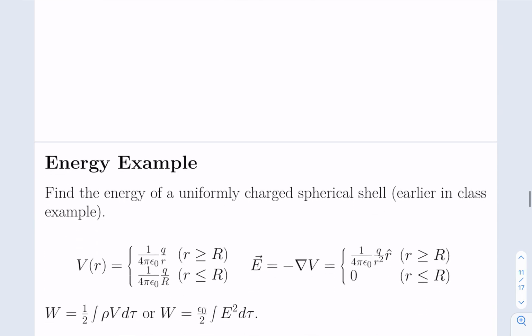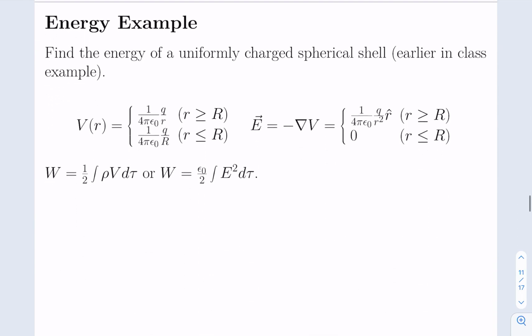Now here, in the example, we can try to calculate the energy of this E field in two ways. One is to calculate the energy in terms of rho V, and another is simply calculating the energy in terms of E squared.